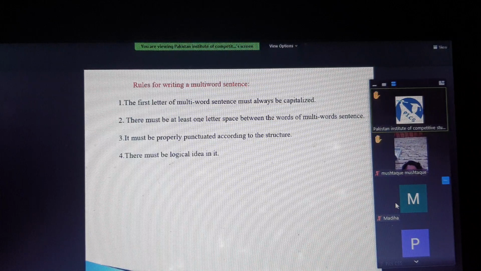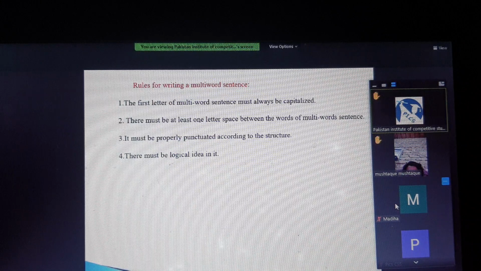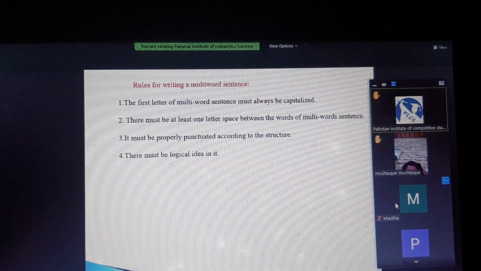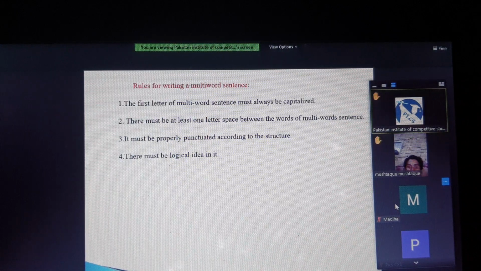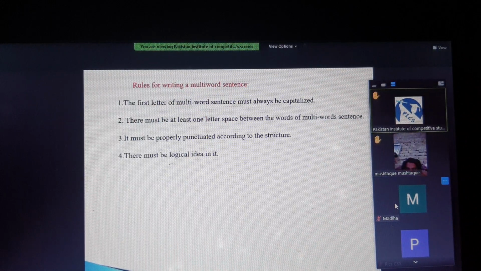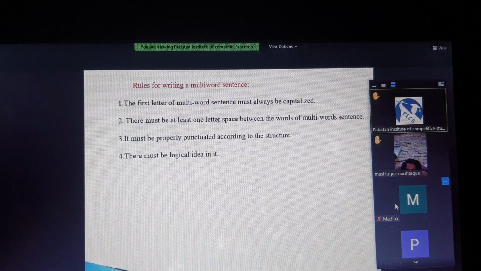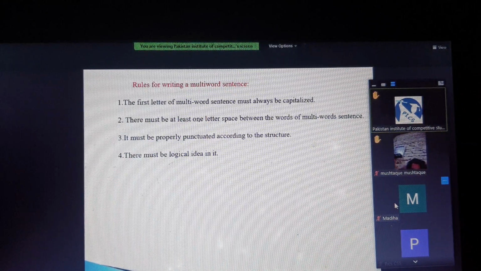Single letter space का लॉजिक ये है, एक तो पढ़ने वाले को भी समझ आ जाती है कि आपने क्या लिखा हुआ है. They can identify your words. और दूसरा ये है कि अगर सिंगल लेटर स्पेस होगी तो इसके दरम्यान तीसरा बंदा अपनी तरफ से कोई एडिशन नहीं कर सकता. मिसाल के तौर पर अगर आप लिखेंगे आई एम अ गुड बॉय, तो आई एम अ गुड बॉय इनके दरम्यान सिंगल लेटर स्पेस है. तो अगर फर्ज करें आपकी स्पेस ज्यादा है, 2 लेटर स्पेस है, 3 लेटर स्पेस है, तो कोई भी आई एम के बाद नॉट ऐड कर सकता है.